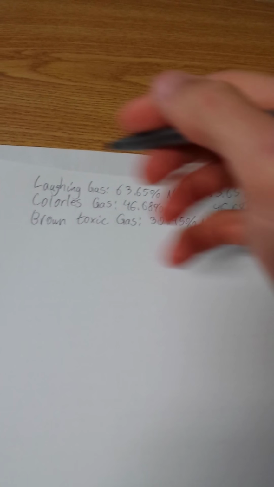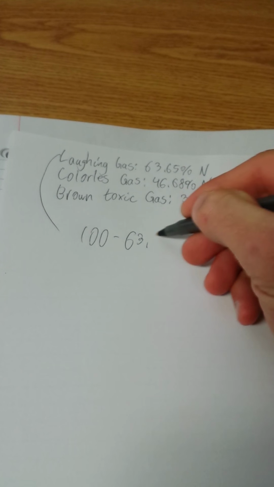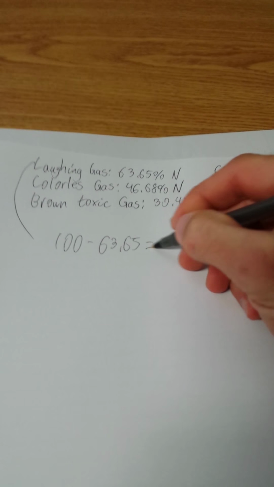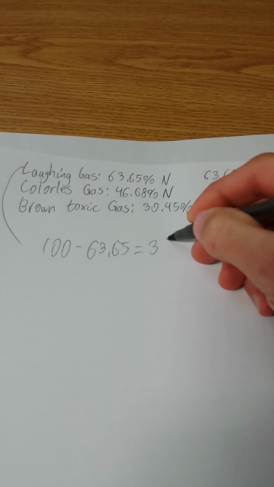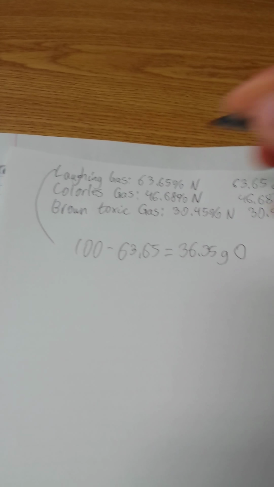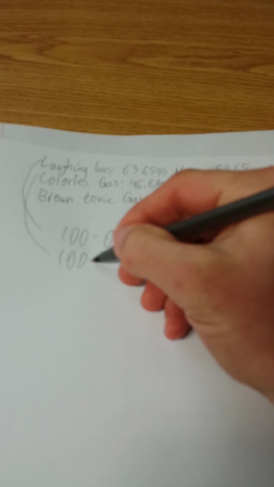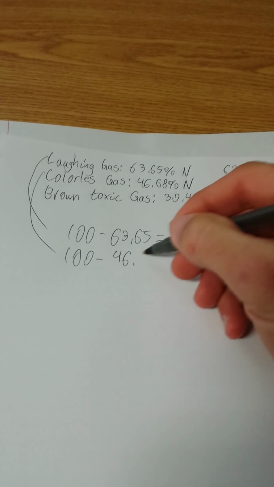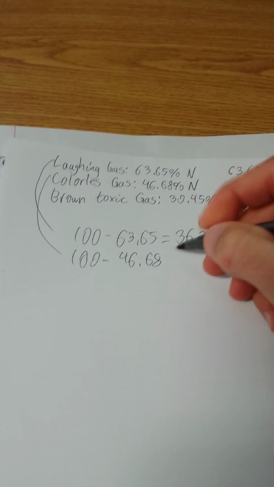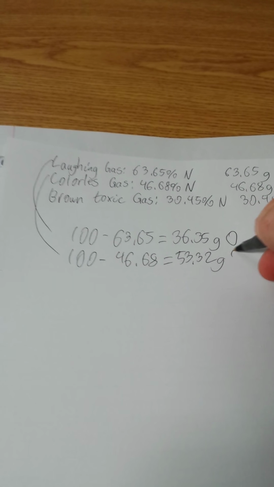So if you take the laughing gas and you do 100 minus 63.65, you'll see that we have 36.35 grams of oxygen. And for the colorless gas, do the same thing: 100 minus 46.68 equals 53.32 grams of oxygen.